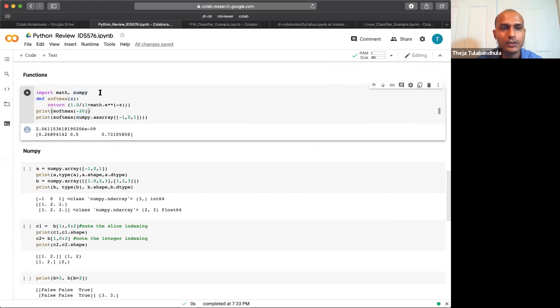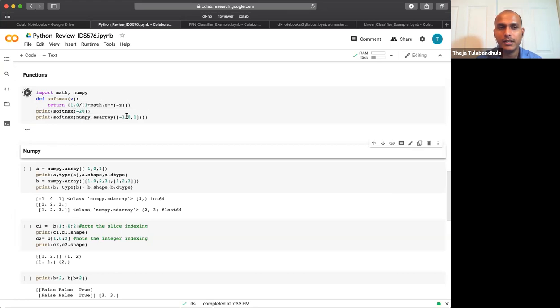So here's the function again, written this way. It's like def, space, function name, bracket, input arguments. Actually, you can make it better if you specify types and all that, but this is a simple example here. And then the function returns some value, in this case, the softmax expression, okay? The 1 by 1 plus e to the power minus z expression. And then I'm calling softmax at different values. Then you get some output.